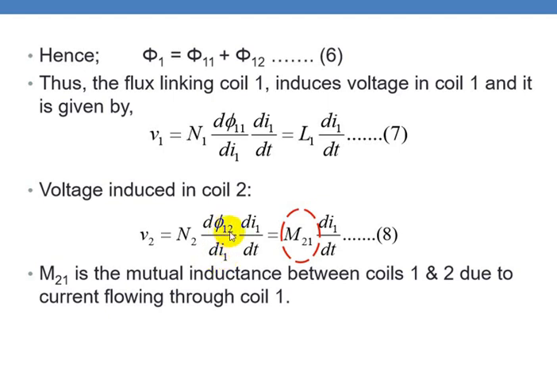So d phi 12 by di1 multiplied by di1 by dt. So this again can be written as, this is nothing but mutual inductance. So here the flux linkage is due to the current flowing in the neighboring coil. So M21 into di1 by dt. So what is M21? M21 is the mutual inductance between coils 1 and 2 due to current flowing through coil 1.